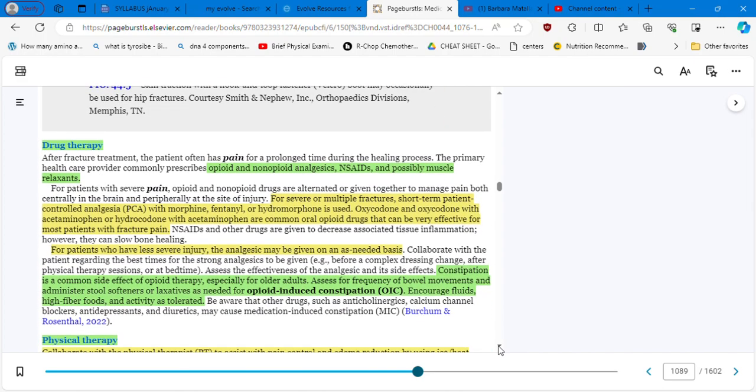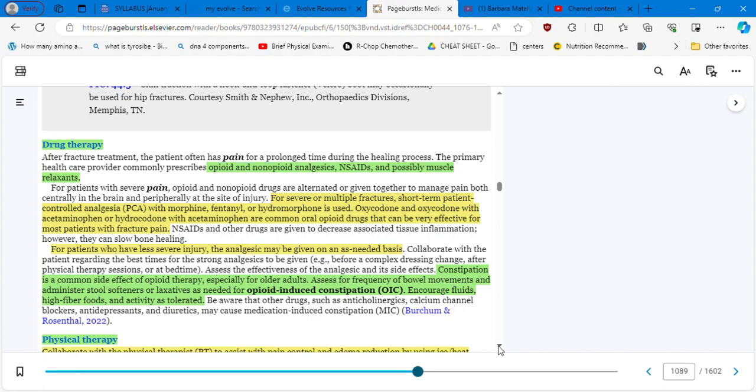Drug therapy is going to be opioid and non-opioid analgesics, your NSAIDs, and possible muscle relaxants. So for severe or multiple fractures, short-term patient-controlled analgesia, your PCA pump with morphine, fentanyl, and hydromorphone, is used.